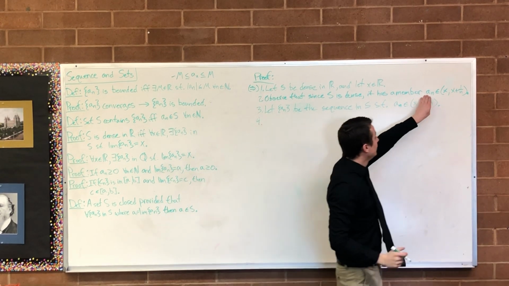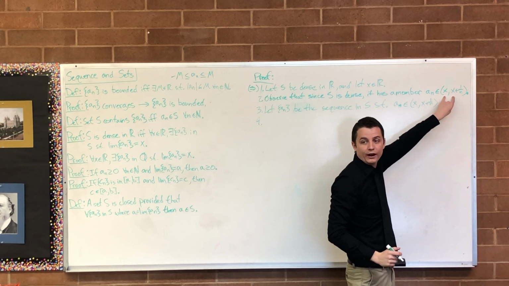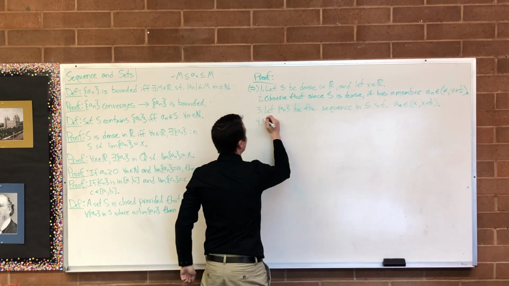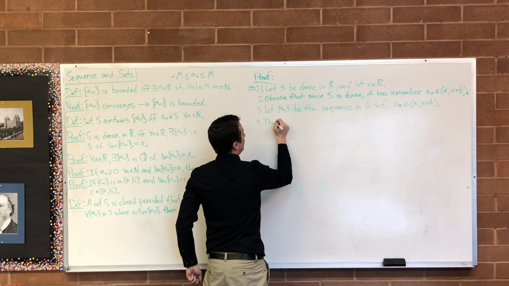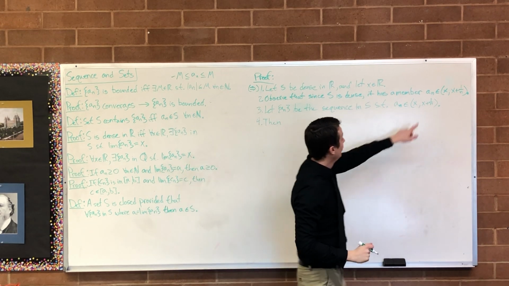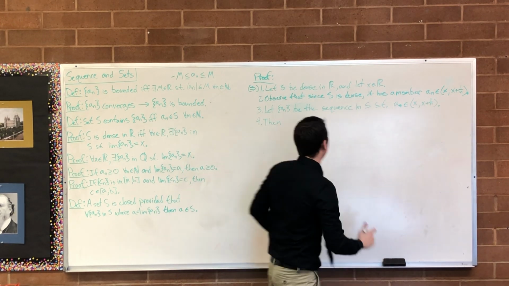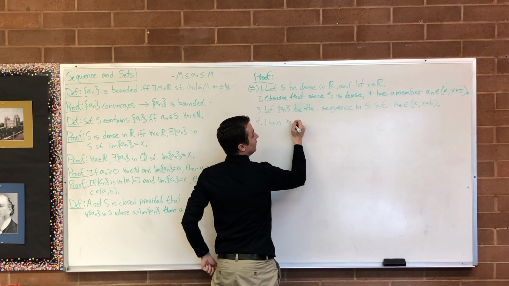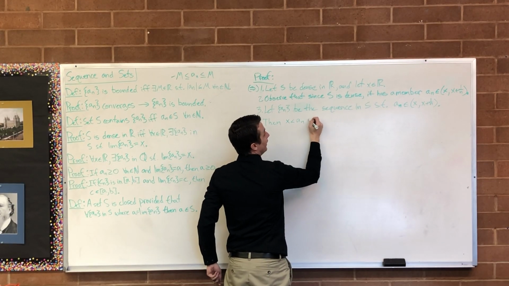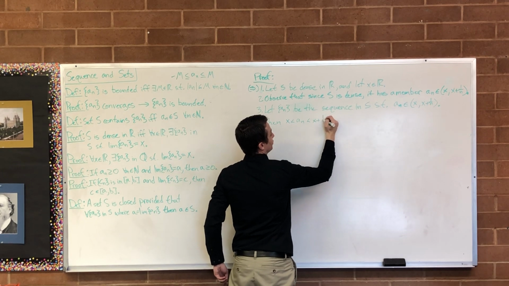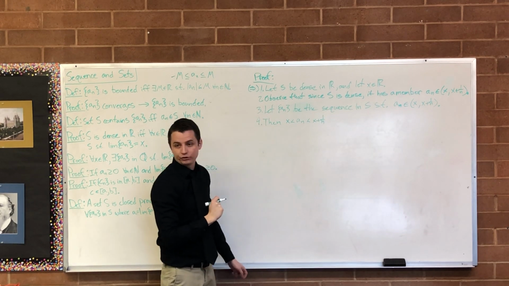If a_n is within this for every natural number n, then another way that we can write this is that x is less than a_n is less than x plus 1/n. You see how that's just rewriting it?